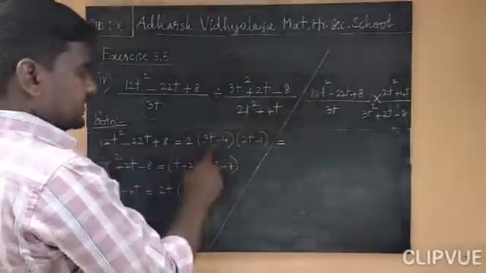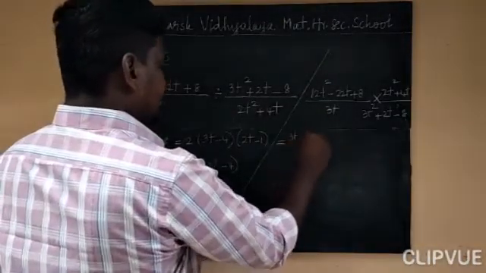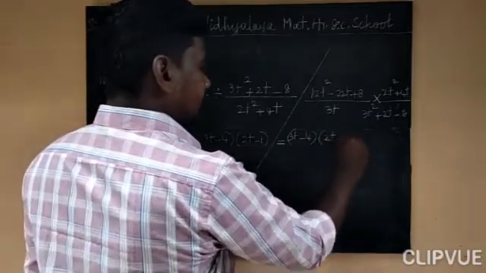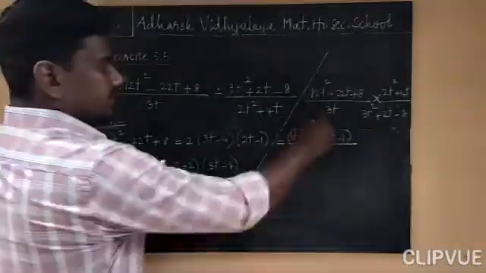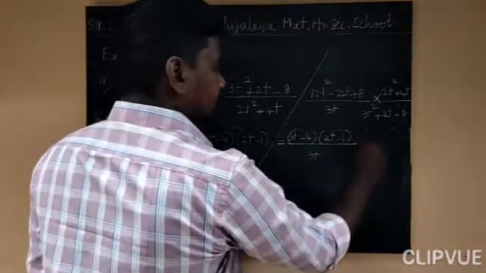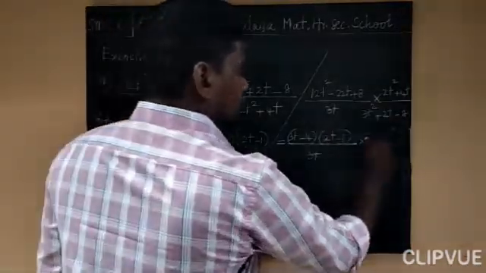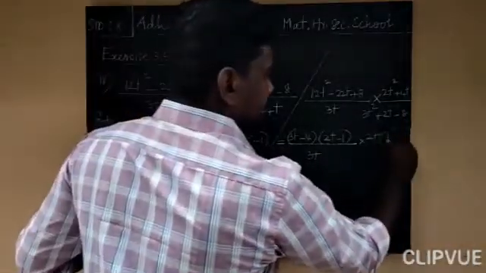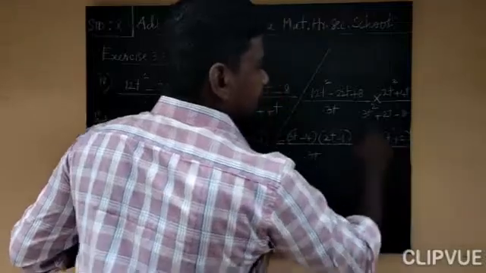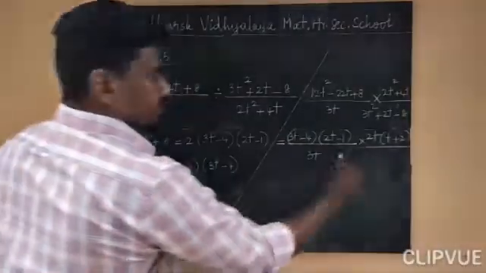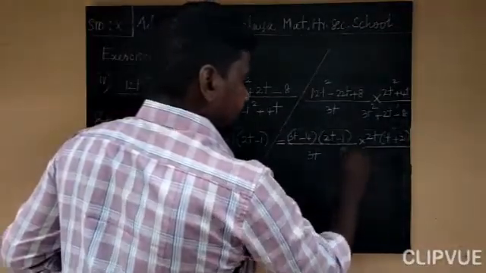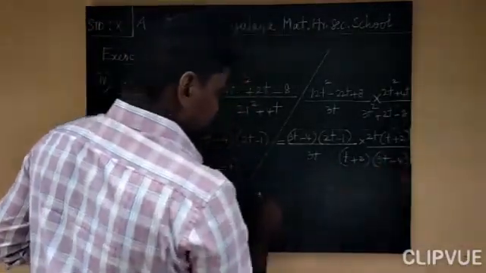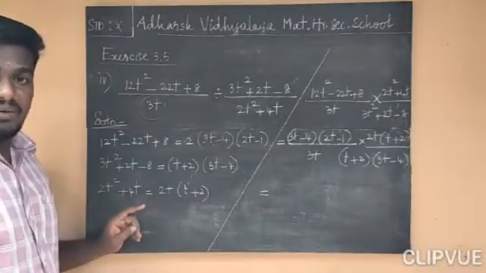First one factor, this one 3t minus 4 into 2t minus 1 divided by this one 3t as it is, into this one 2t of t plus 2, divided by this one factors are this t plus 2 into 3t minus 4. So now we can cancel if they have common factors.